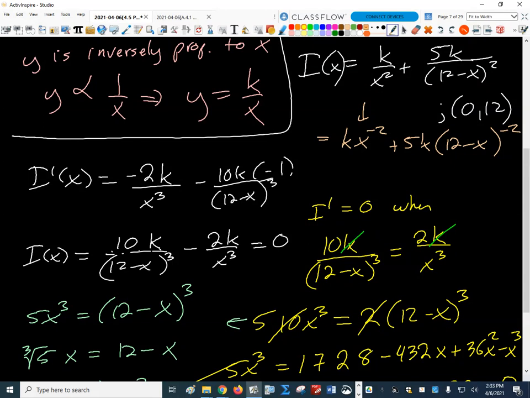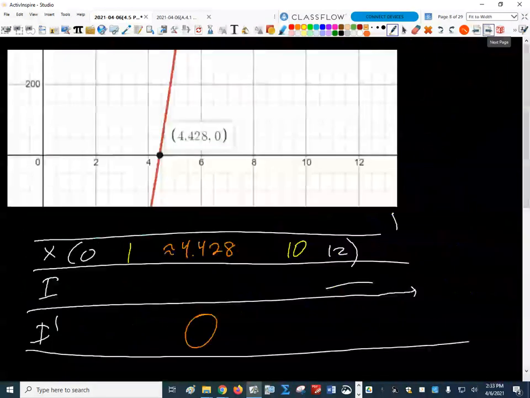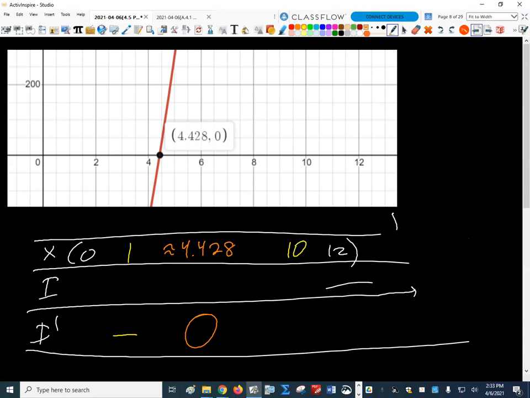So I'm getting negative. So at 1, it's negative. At 10, what are we going to get?